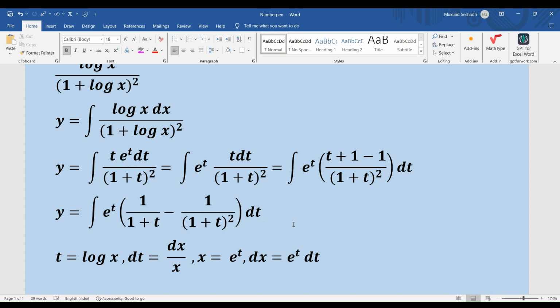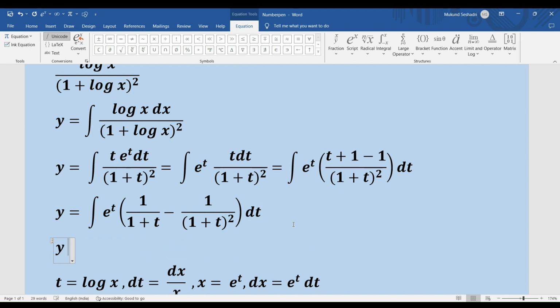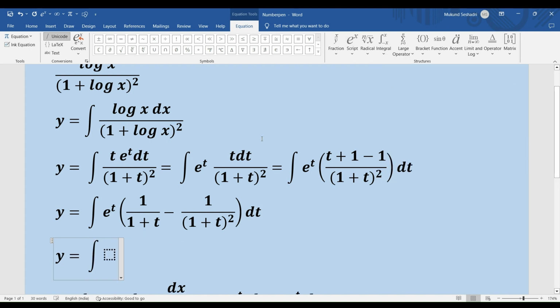So I have been able to reduce this to the format y equals integral of e to the power t. I'm not going to solve this further for you, and I request you to take a look at some of my previous videos where I've solved problems of very similar type.